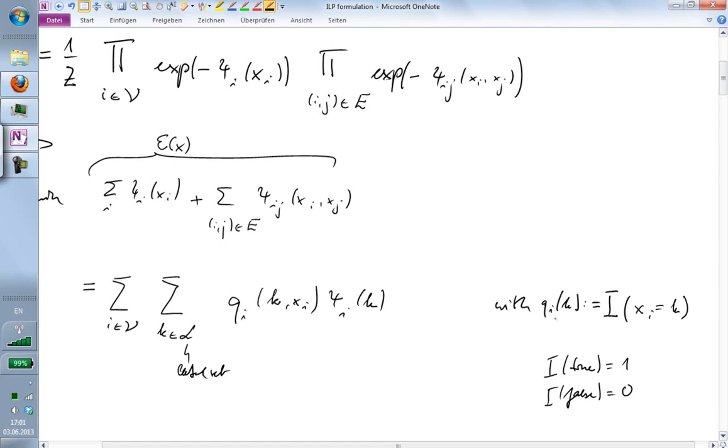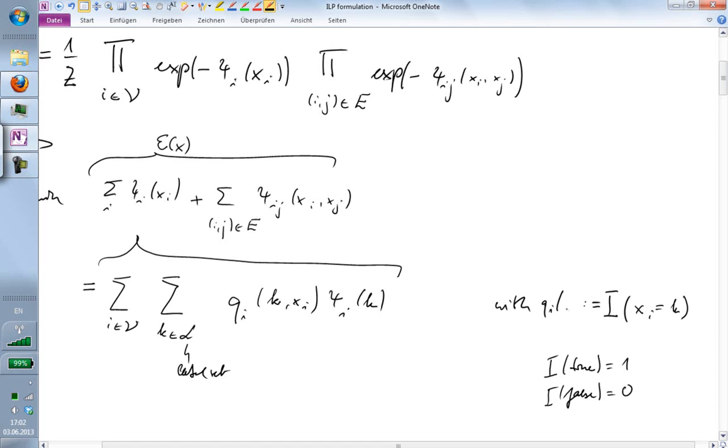So I'm setting q_i to 1 if my hidden state x at the site i assumes label number k. In that case I'm multiplying with psi_ik, which is just psi_ik itself, and otherwise I'm having a 0 here. So this is just a complicated way of writing the first term here. I should also have written it here.